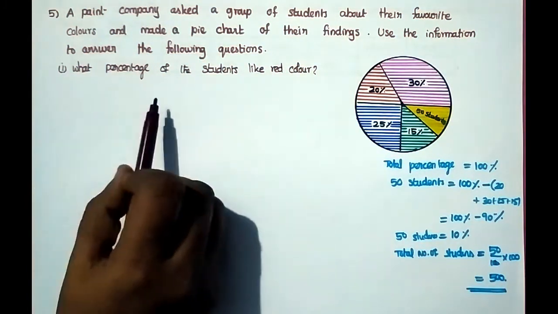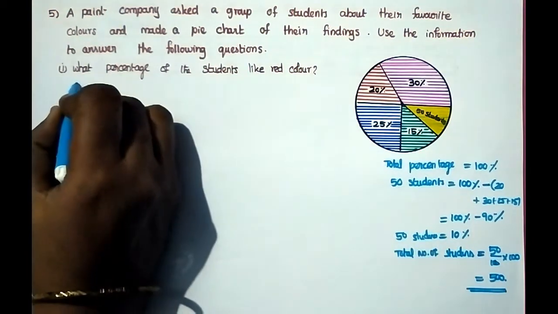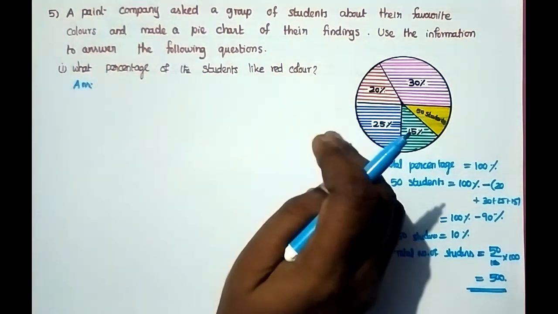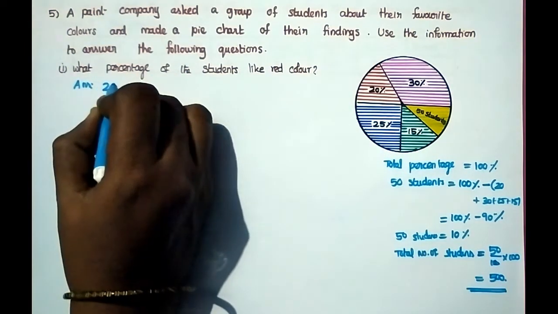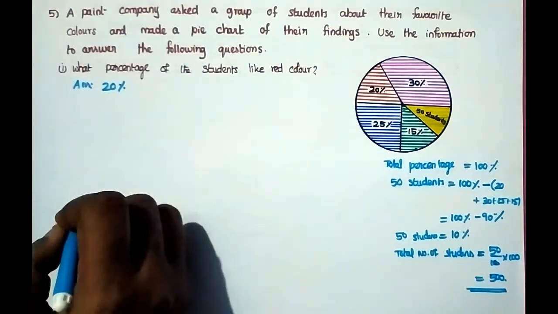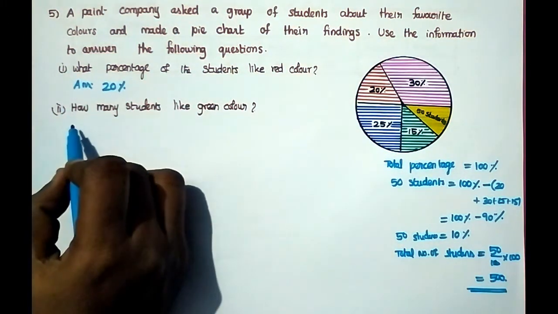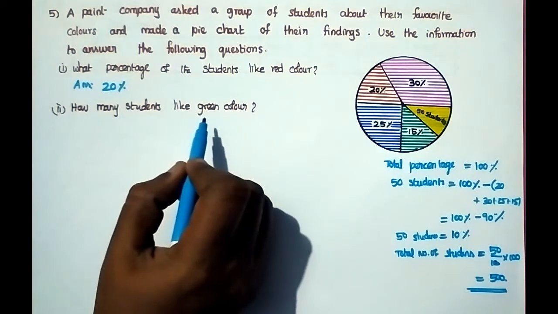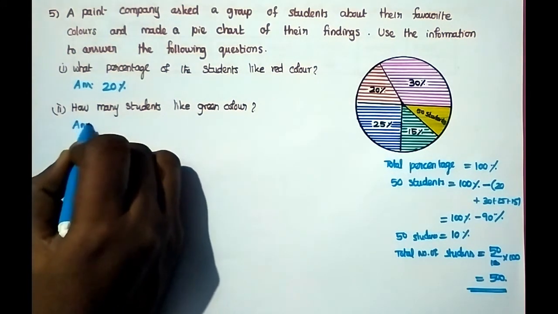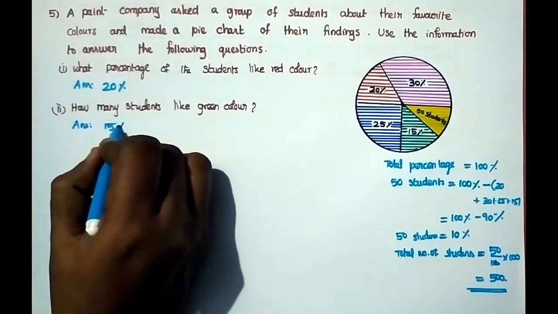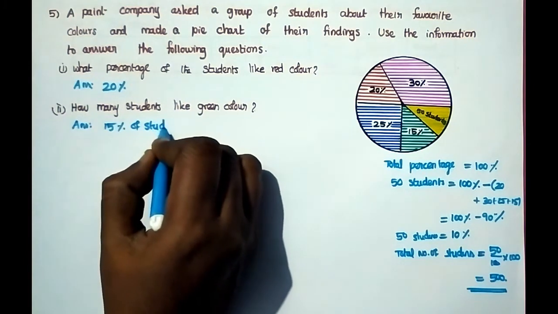First one, what percentage of the students like red color? They ask percentage only. So how many percentage? 20 percentage like red color. That is the answer, 20 percentage. Next one, how many students like green color? That is 15 percentage of students. They ask how many students, the number of students.